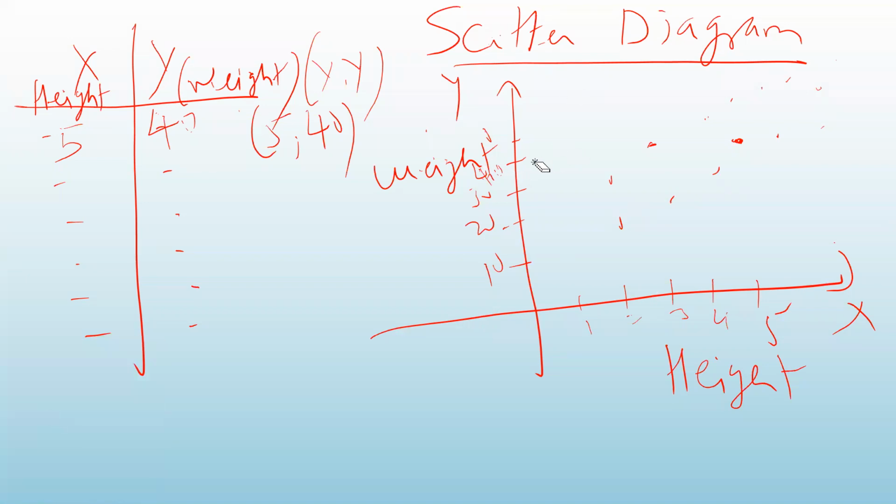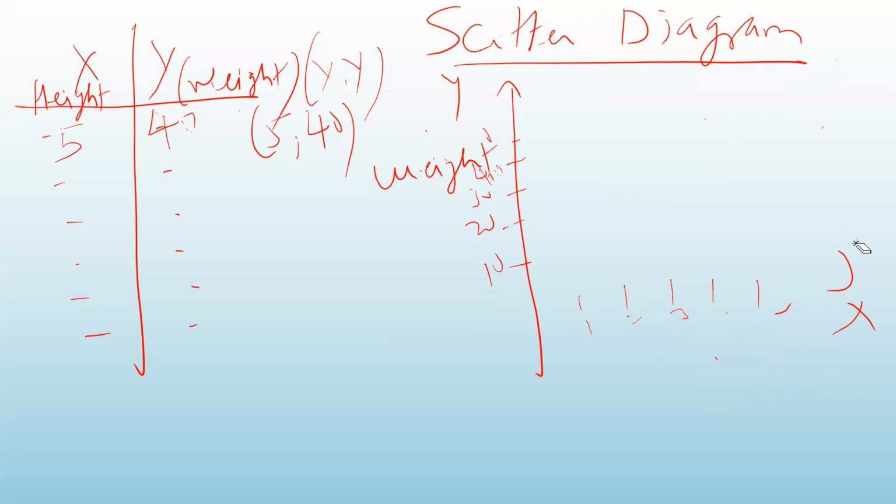Whereas, suppose there are two variables, x and y, where suppose my x is the price and y is the demand. You already know the graph of the demand function, how it looks.